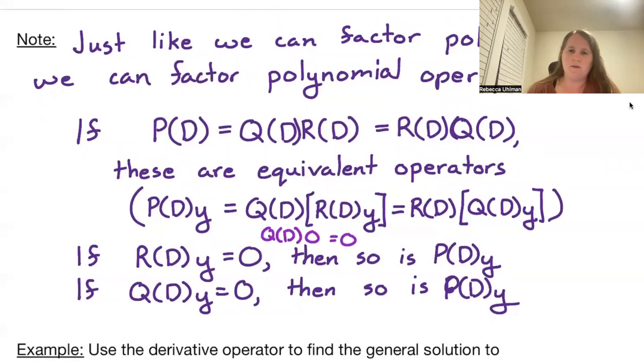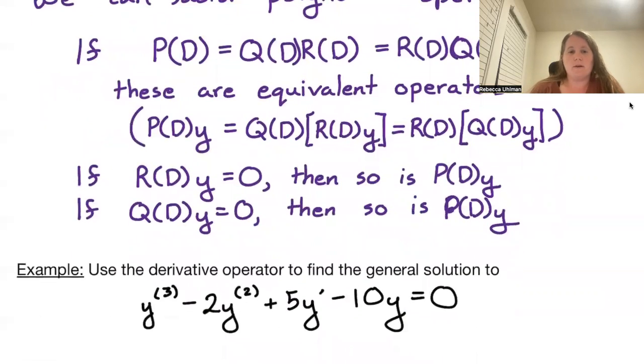Similarly for R of D applied to Q of D y. This gives us a nice convenient tool to use, so we can essentially reduce our equation to a lower order equation, or reduce our problem to a lower order problem.